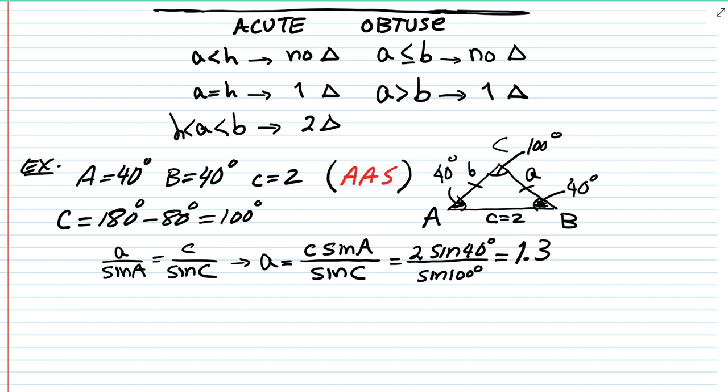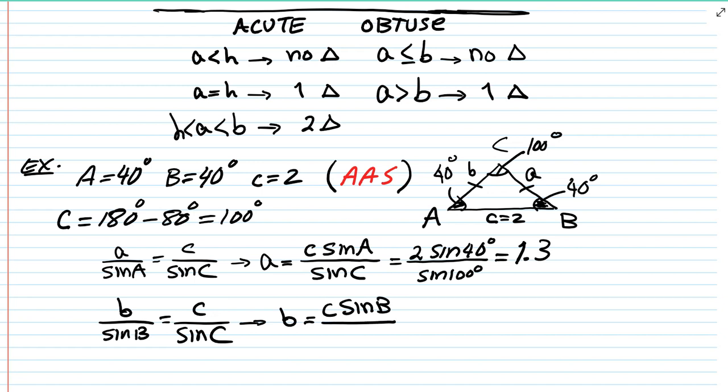Now, you know b is going to be the same, but just to make sure, we're going to run the law of sines again, this time with B. And this is going to be c over sine C. So from this, b is equal to, multiply top and bottom this time by sine capital B. So it's little c times sine capital B over sine capital C. C is 2, sine 40, and it looks exactly like the equation directly above what I'm writing.